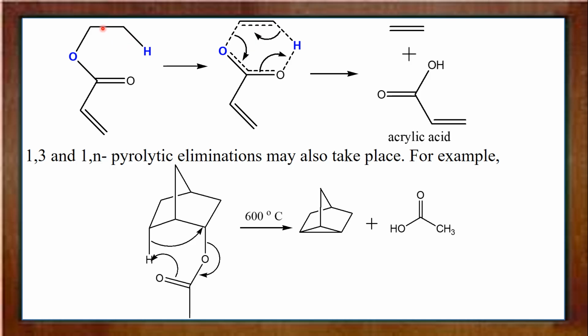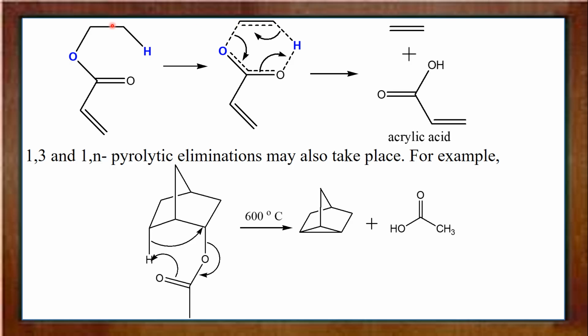As these electrons are coming here, these electrons are moving in between this carbon and oxygen, and this is shown in the transition state. So the pi bond is moving between oxygen and hydrogen, and this sigma bond moves here to make a pi bond, and this sigma bond moves here to make another pi bond, and that results in acrylic acid and an alkene.